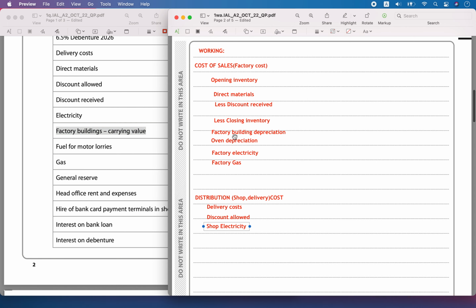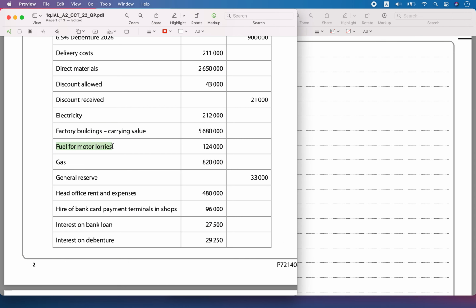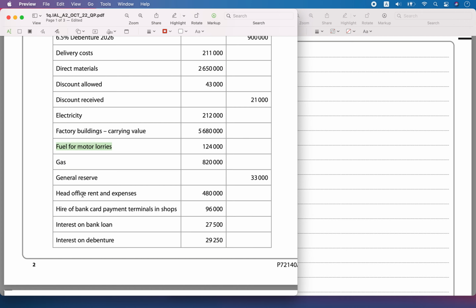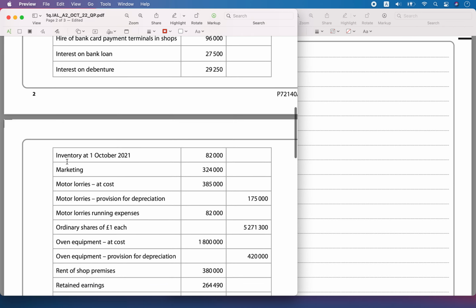Factory buildings, we have already put factory depreciation, you will have to calculate. Then fuel for motor lorries would have been used for distribution, so you will put fuel for motor lorries as a distribution cost. Then the gas.